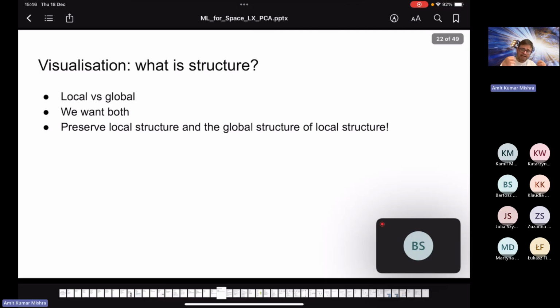Local structure is defined by individual points, right? If you make sure that every point and its nearest neighbors remain the same nearest neighbors in the new dimension data set, then mostly the structure is going to remain intact, right? Because ultimately your structure can look something grand, but if you go deeper and deeper, structure at a point level is basically how every data point relates to its neighbors.